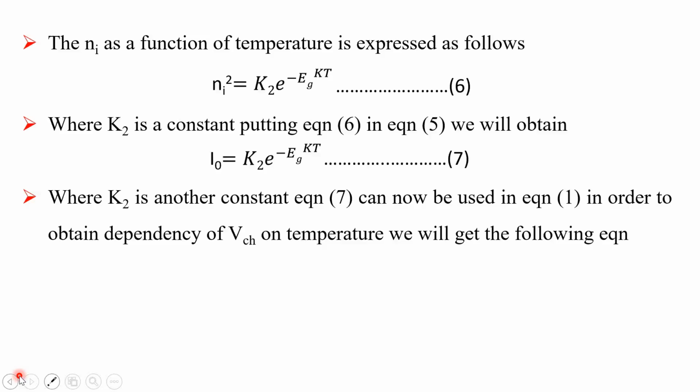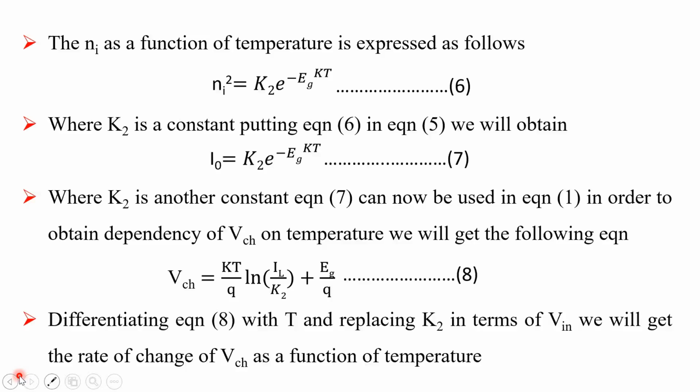Equation 7 can now be used in equation 1 in order to obtain the dependency of V_OC on temperature. We get V_OC is equal to kT upon q ln I_L upon K_2 plus E_g upon q. That is equation number 8.